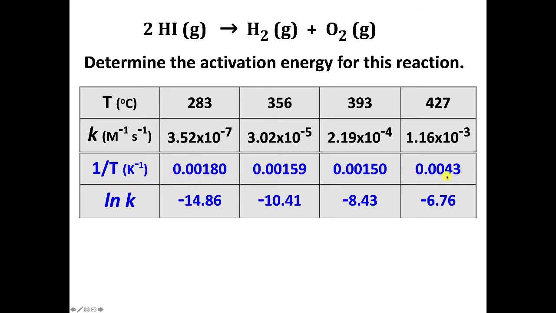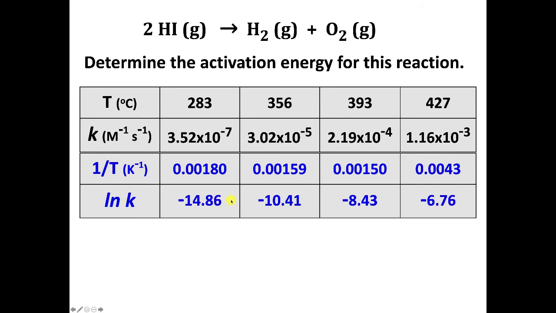Note, of course, that the 1 over temperature values are typically quite small, and do be careful about significant figures. If you round these numbers off too much, like if you rounded this temperature off to 0.002 instead of 0.00180, that will give you some very poor results for your graph and your slope.